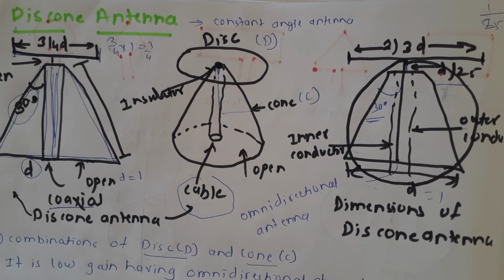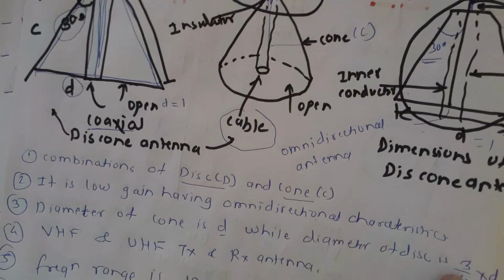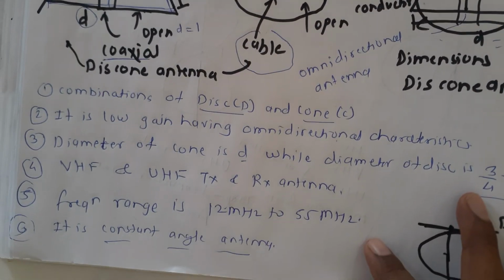Again, the angle between the inner conductor and the cone is 30 degrees. The disc cone antenna is a combination of disc and cone. The frequency range for transmission and reception of the signal is 12 MHz to 55 MHz. It is also called a constant angle antenna.